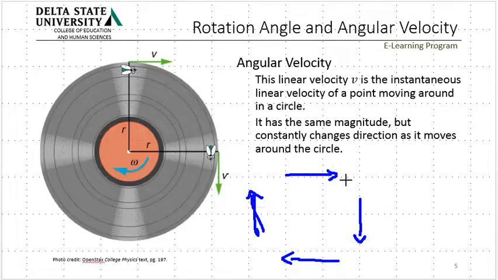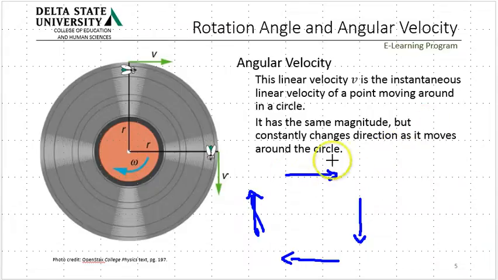This is the first time we've hit an instance where, in the next segment, we're going to talk about acceleration, right? There must be acceleration here. Why? Because the velocity is changing. And we know that for the velocity to change, there has to be acceleration, because acceleration is change in velocity over time.